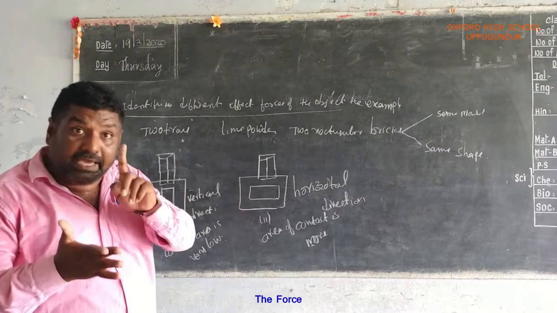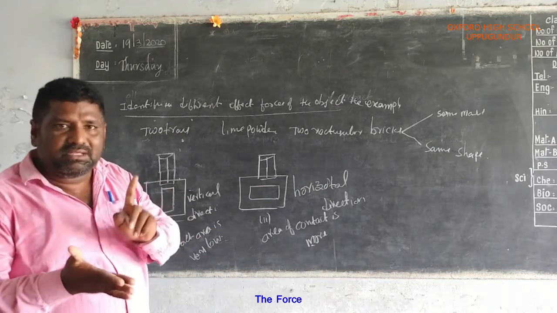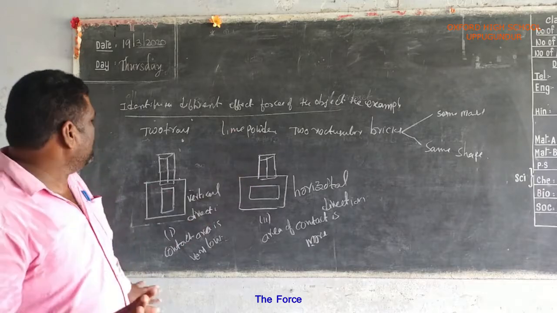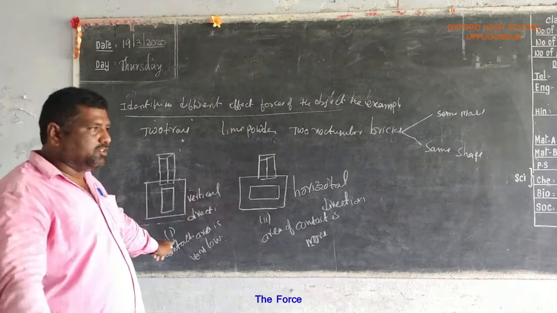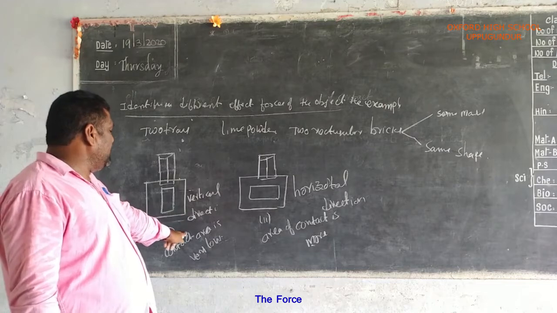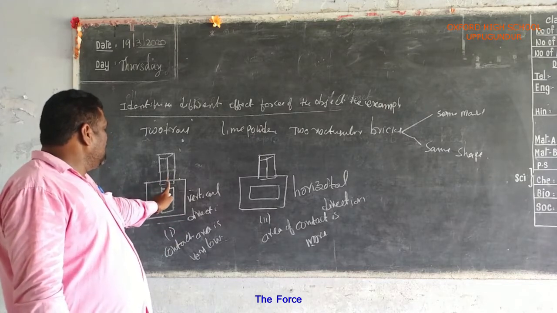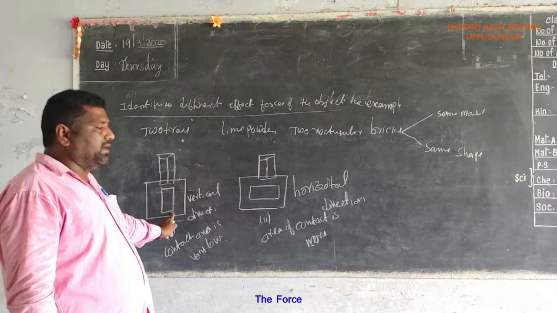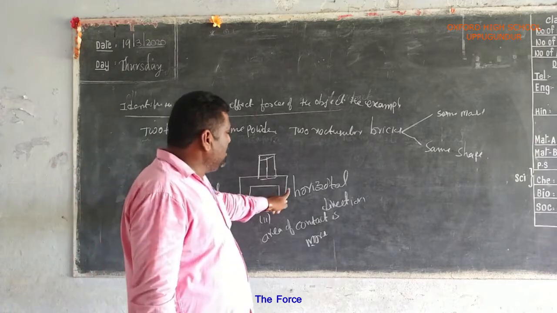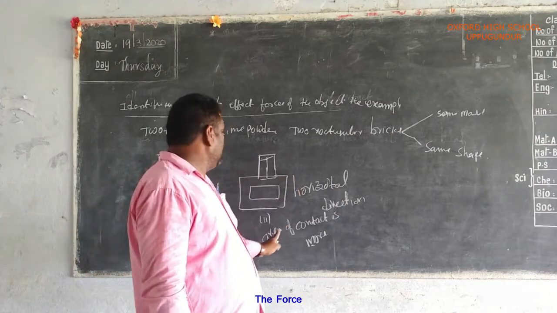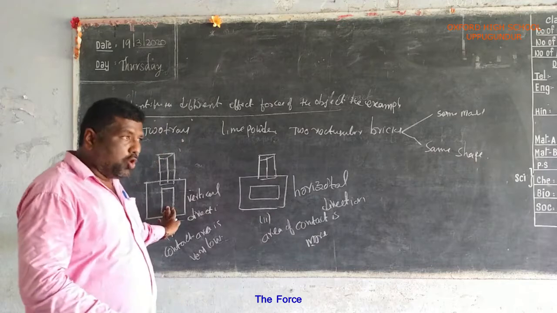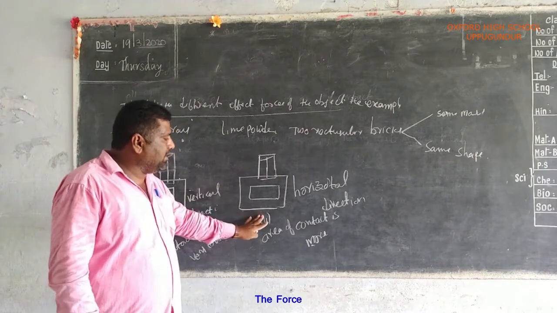These bricks have the same mass, same size, and same shape. And I will draw two pictures. In the first picture, the brick is in the vertical direction, deep in the water. In the second, the brick is deep in the horizontal direction. Here the area is very low and here the surface area is very high.